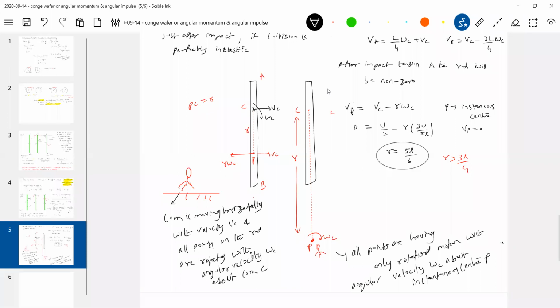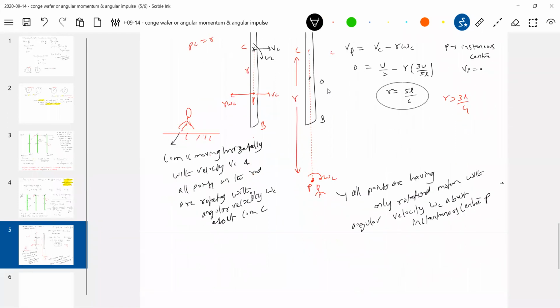That's omega c, I'm showing about C. Now I'm showing about P. This diagram is just to show you that I assumed it somewhere on the rod, but later I came to know the instant center is not on the rod, it lies outside the rod. Let it be, no problem. And this is O, the midpoint of the rod. Okay, let's take the next condition.